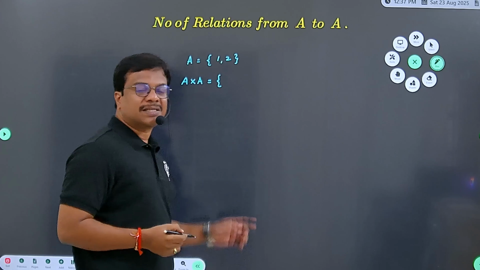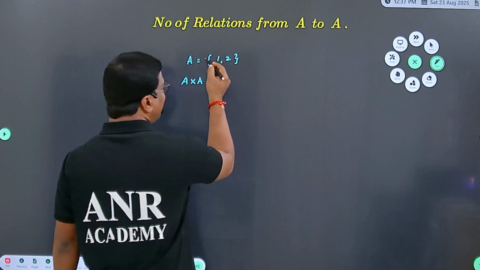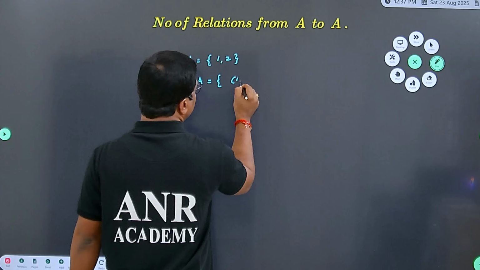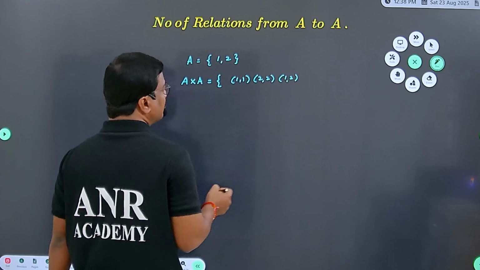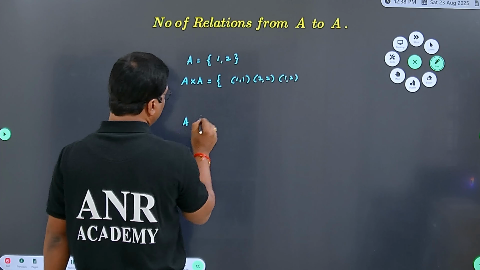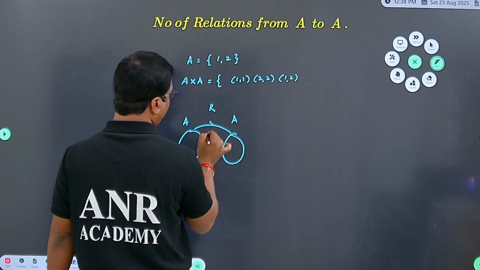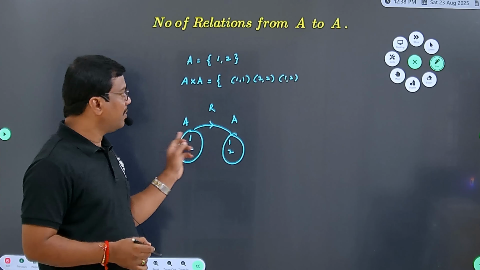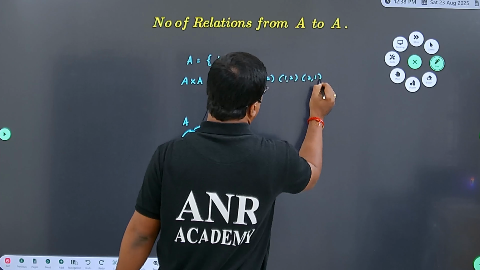A cross A is a set of ordered pairs from the given set capital A. The possible ordered pairs are (1, 1), (1, 2), (2, 2), and one more entry you have to write, (2, 1).